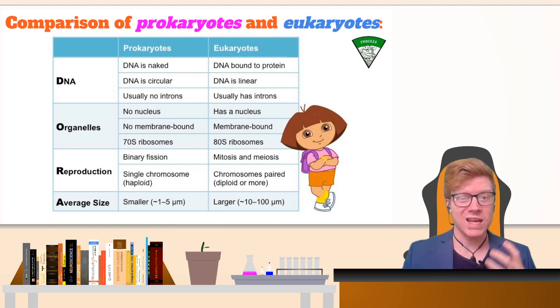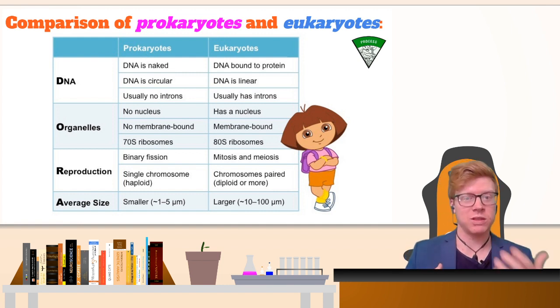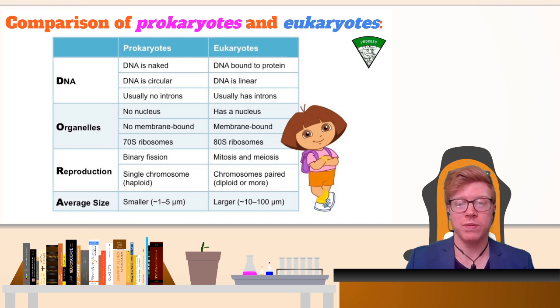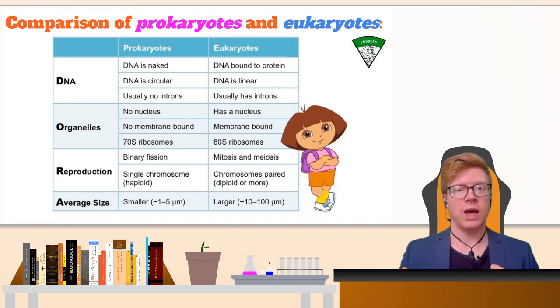If we look at DNA, there's some big differences between the type of DNA that these organisms use. So circular versus linear, the presence or absence of introns. If we haven't heard of introns before, then I'll just tell you what those are.